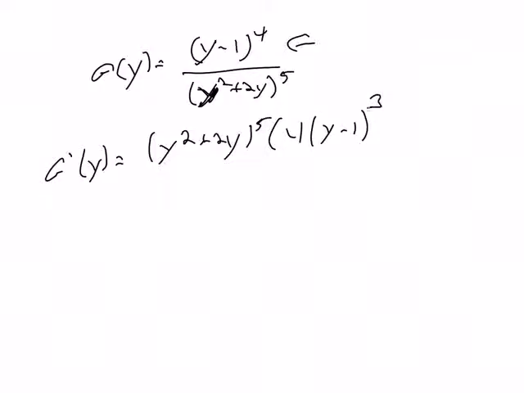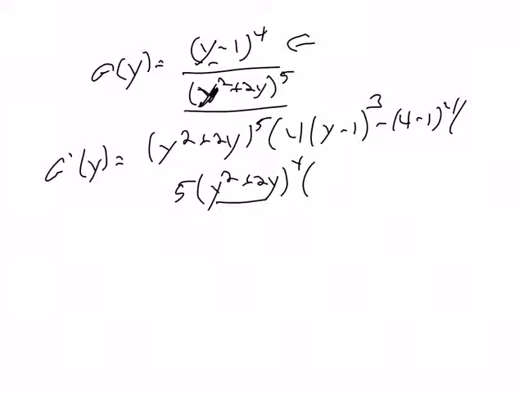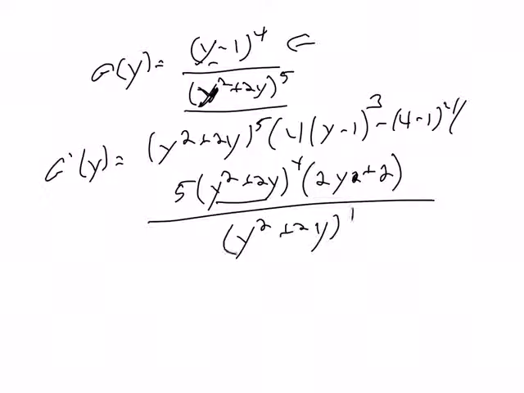The derivative of the thing inside is just going to give us 1, so we don't have to write that. And then minus, and then we write y minus 1 to the 4th power times the derivative of this, which is 5 y squared plus 2y to the 4th power times the derivative of the thing inside, which is 2y plus 2, all over y squared plus 2y to the 10th power.